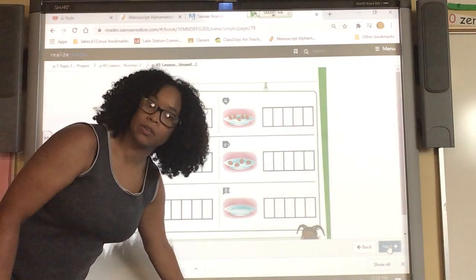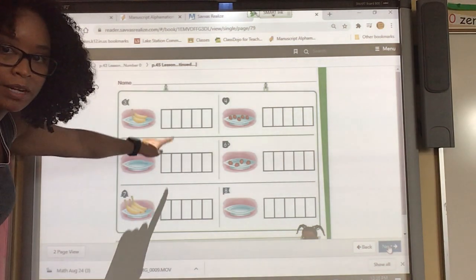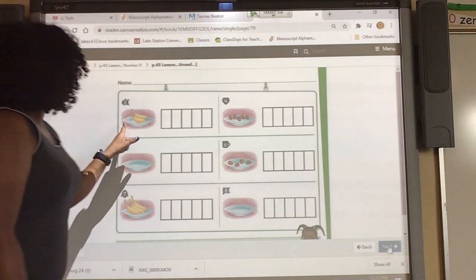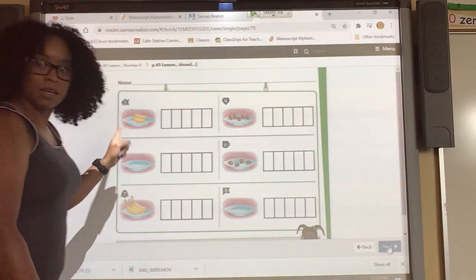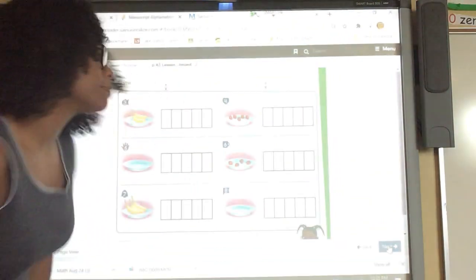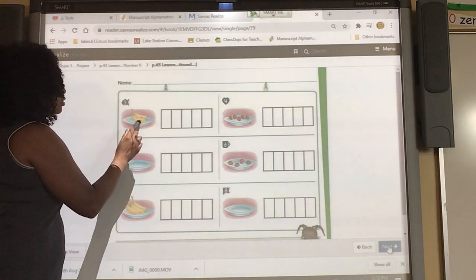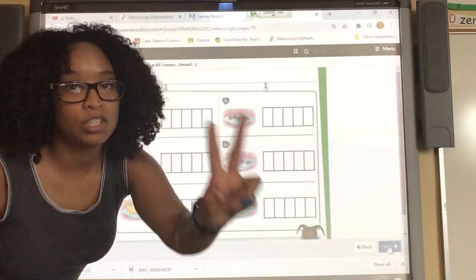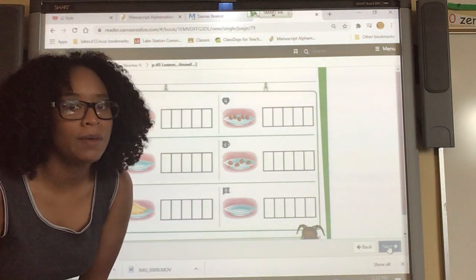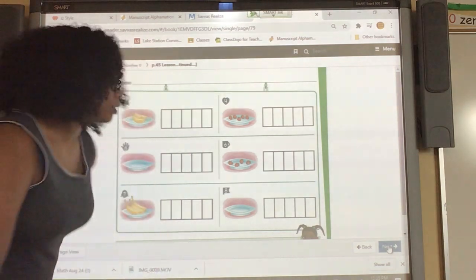All right, it looks like we're doing some more practice counting and coloring in our rectangles to match. So we've got some nanners on a plate here. Can you see those? Help me count those. Here we go. I see 1 and 2. So there are 2 bananas. So how many rectangles do I need to color in? I need to color in 2 rectangles.